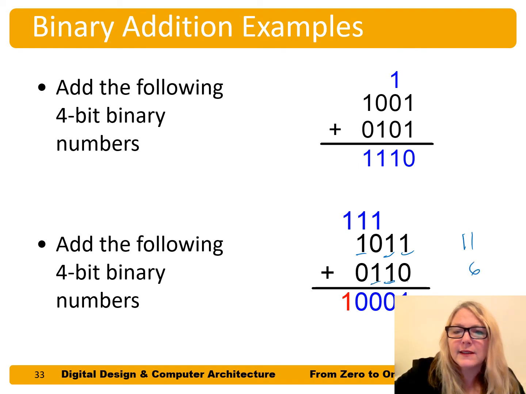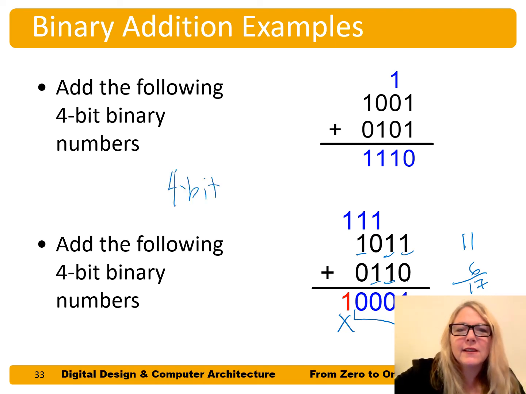We're trying to add 6. So the value we'd like to get is 17, but what we got instead is 0001. Because we're only dealing with 4-bit values. Super important, 4-bit addition, or 4-bit operands, we get a 4-bit result.